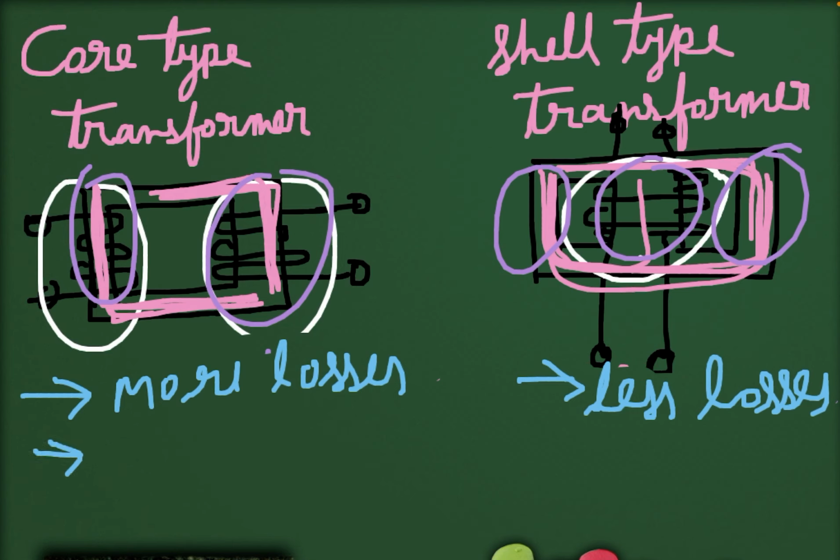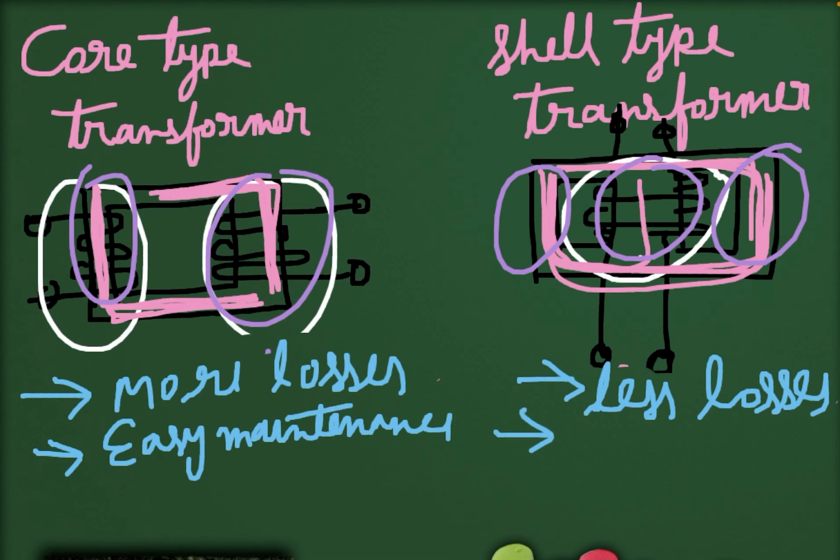Next point is that maintenance is easy in the case of core type, while in the shell type the maintenance is difficult.